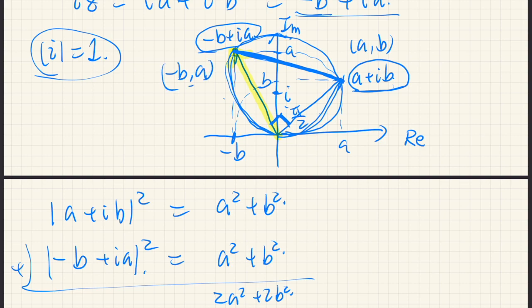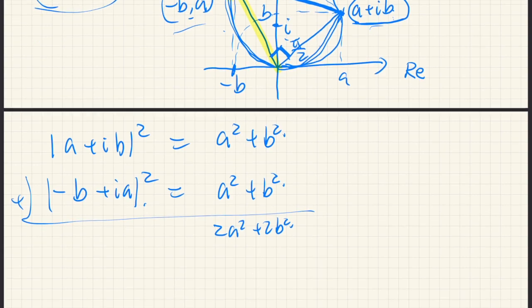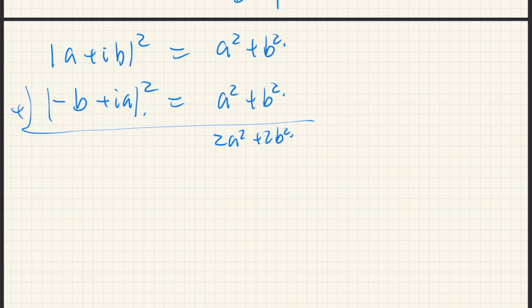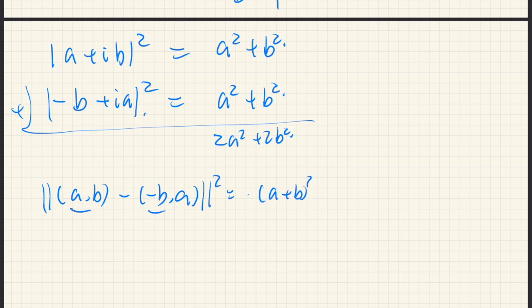So the distance between these two points is given by this minus this, which is (a plus b) squared, plus this minus this, which is (b minus a) squared.